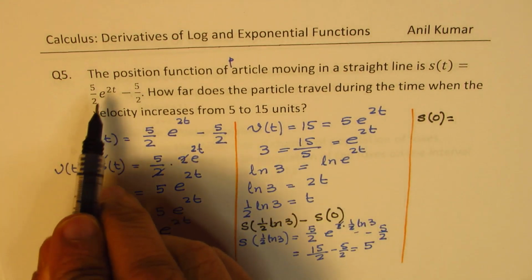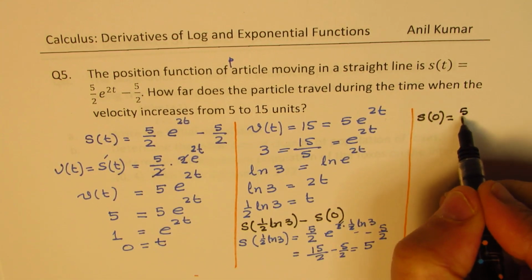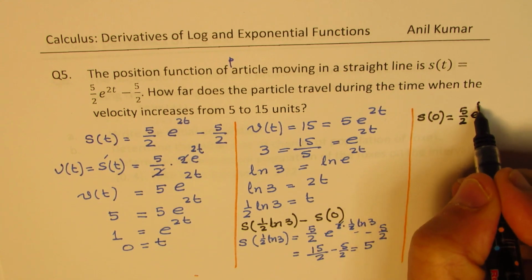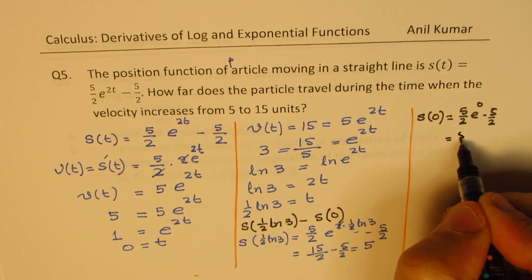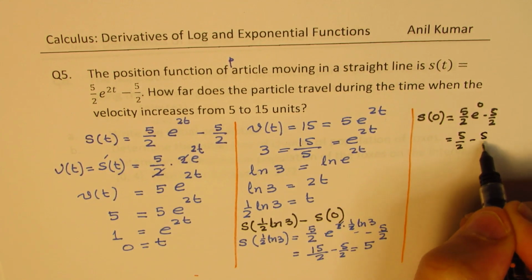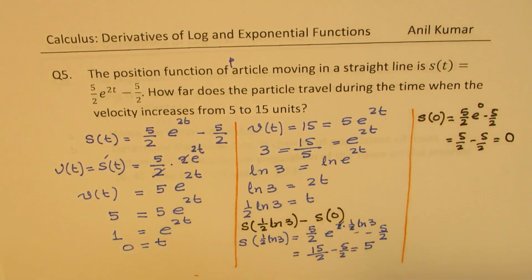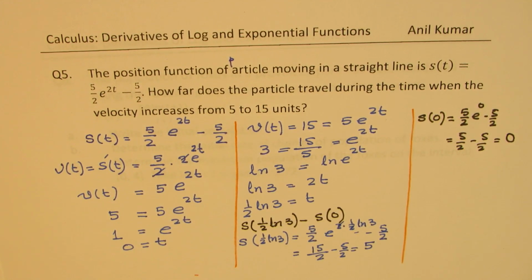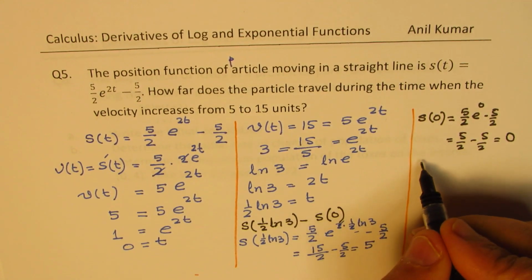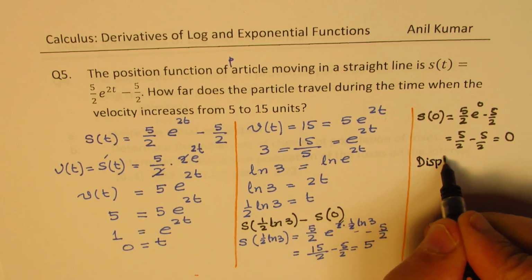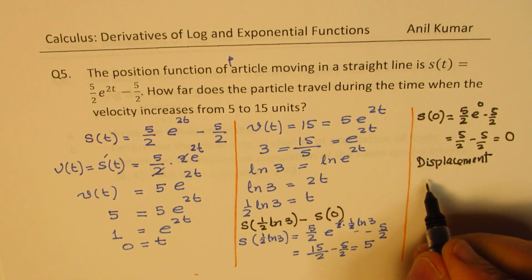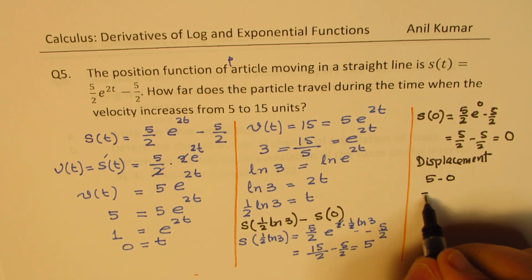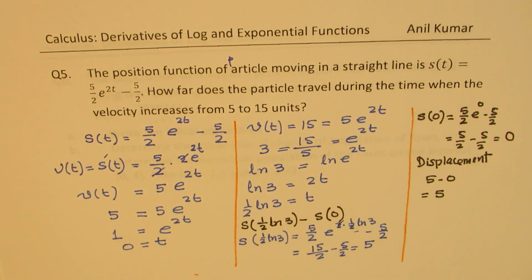So when I substitute 0 here, we get 5 over 2 e to the power of 0, right, minus 5 over 2. So we get 5 over 2 minus 5 over 2, and that is 0. And therefore, the displacement in this particular case will be how much? So the displacement will be 5 minus 0, which is 5. Perfect. So we have 5 units.